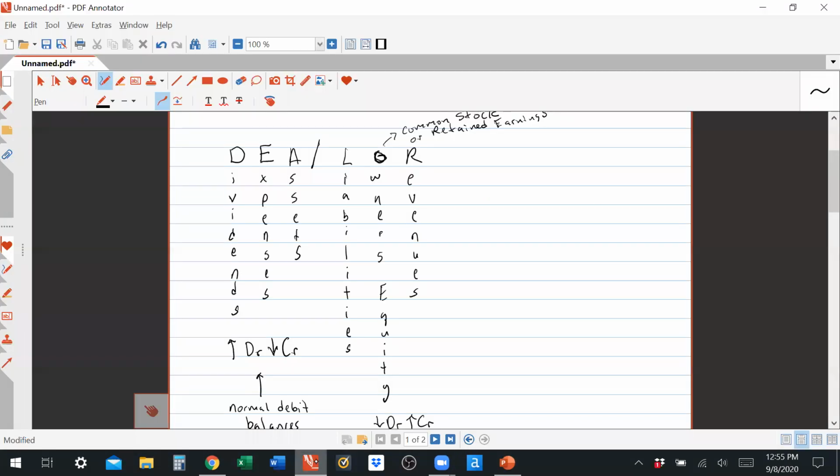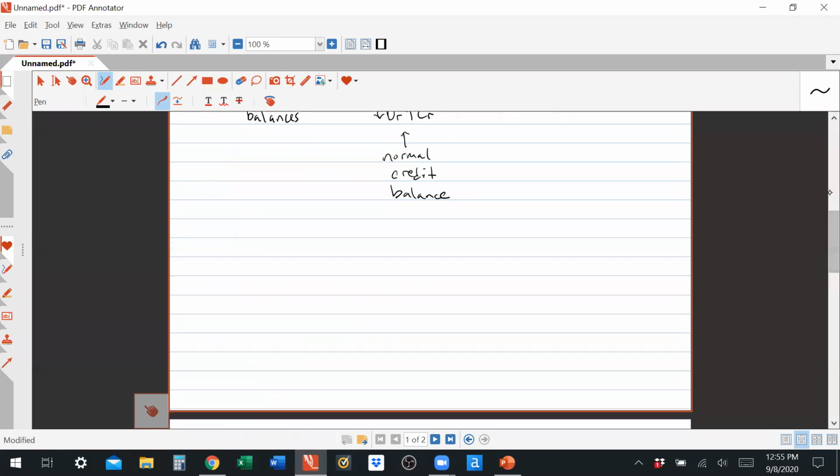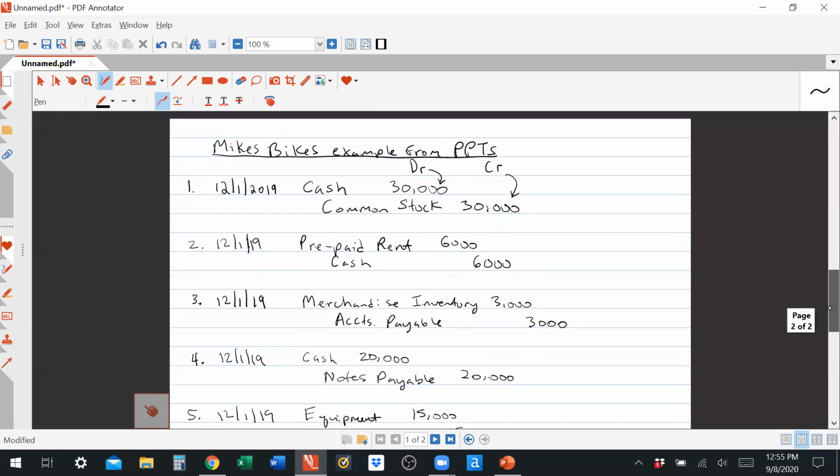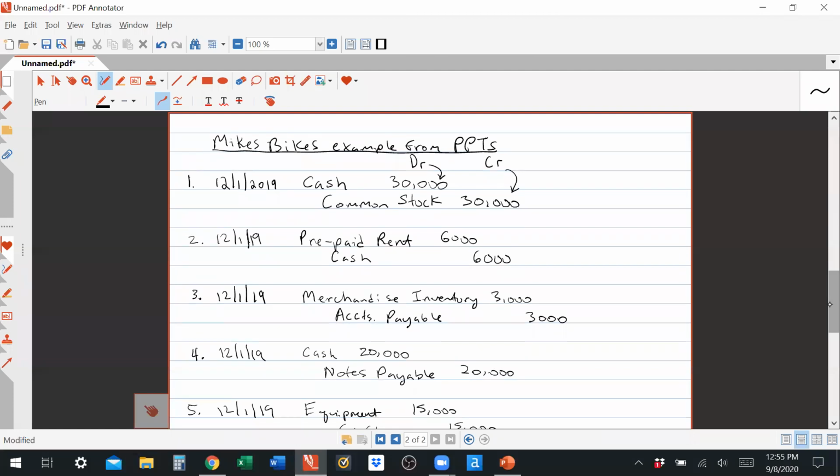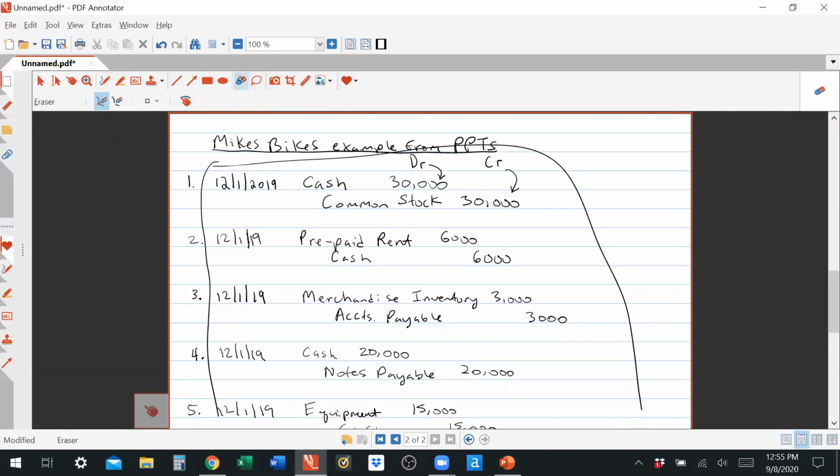Oh, I didn't really talk about what the general ledger is. Just think about it from this standpoint. Say you had a book, and in that book for the year, you recorded all these journal entries. That book is your journal, essentially. It keeps track of all your entries.